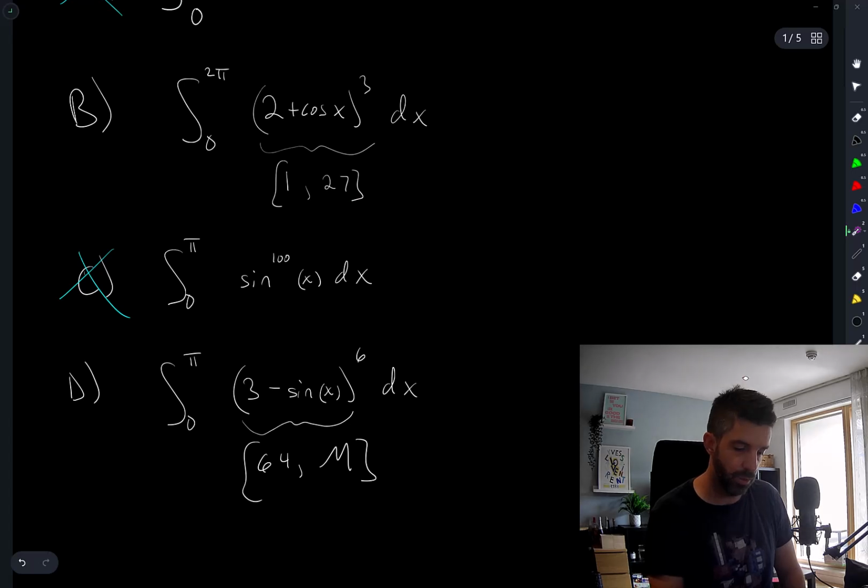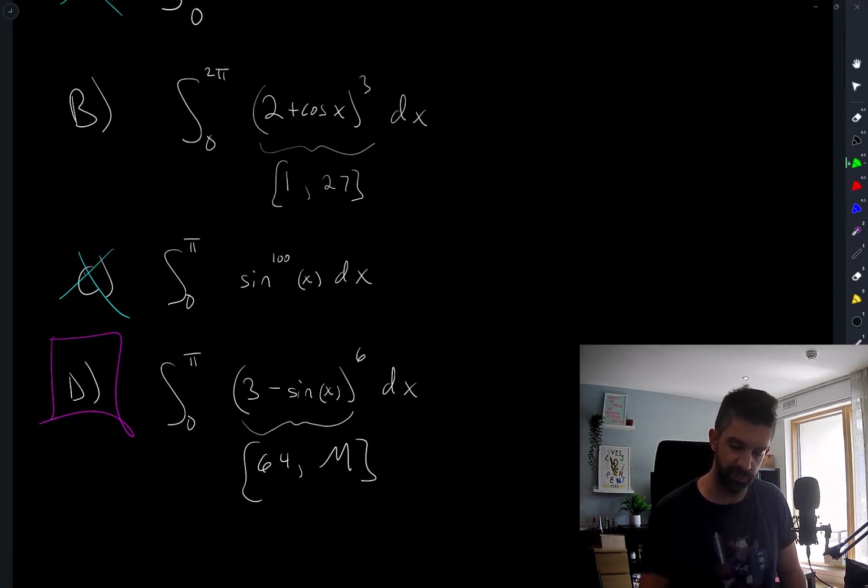And note that even though we're integrating over double the length, if I assume that this is always equal to 27 and integrate over double the length, that is still less than if I assume this is equal to its minimum and integrate over this length. So the answer here is D, just by comparing the integrands of all these things. We can see that pretty immediately.